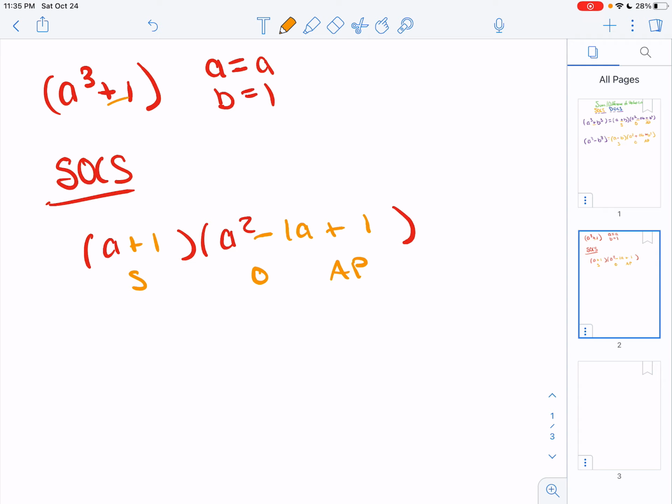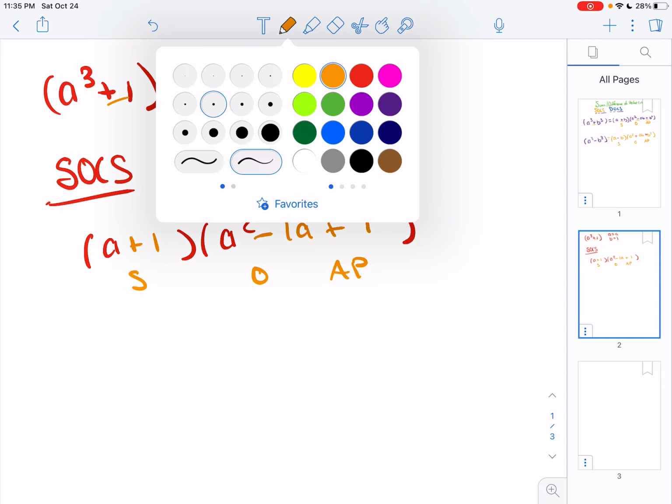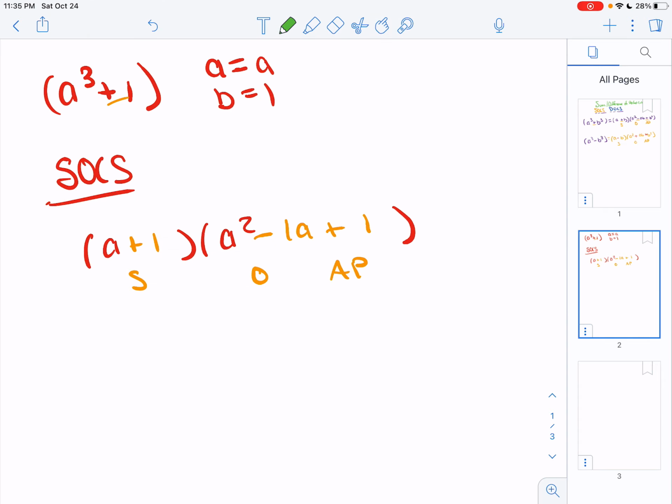So let's look at another one. Let's get a different color. I have 27x cubed minus 1,000y cubed. All right, so SOCS or DOCS? We got DOCS, difference of cubes.